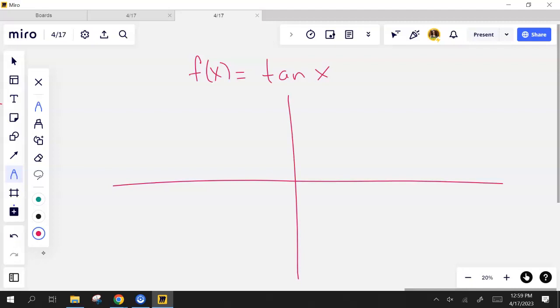Tell me what's special about tangent. Specifically about the unit circle, what's special? Okay, but again, think about it. Yes, but think sine over cosine. But think about the points that we're talking about, every half pi.